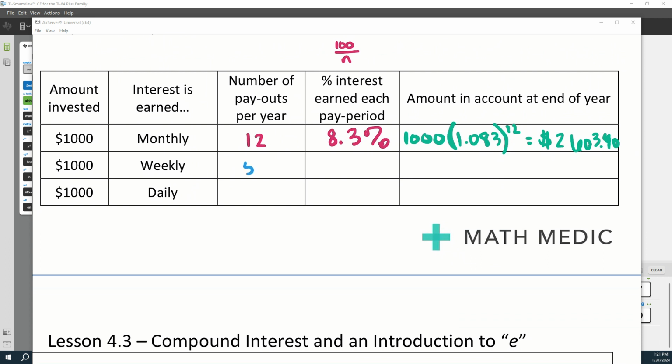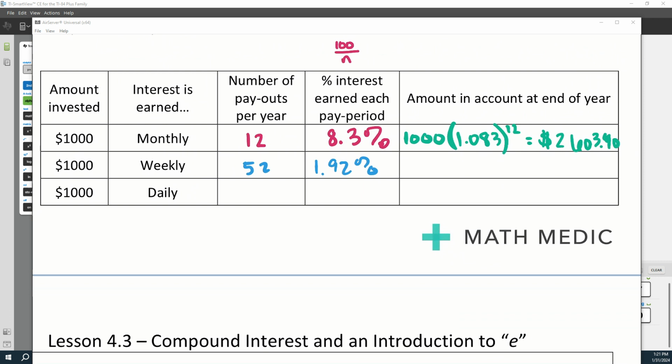Now we have to be really careful with significant digits. I really should have gone to more than 2 here, so the next 2 I'm going to go to 3 significant digits. On my percent, 100 divided by 52, because there are 52 weeks in a year, is going to be 1.92%.